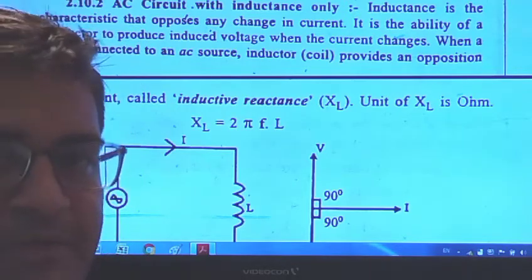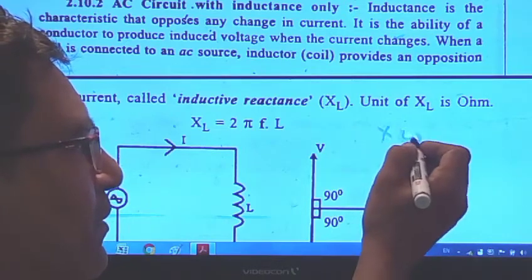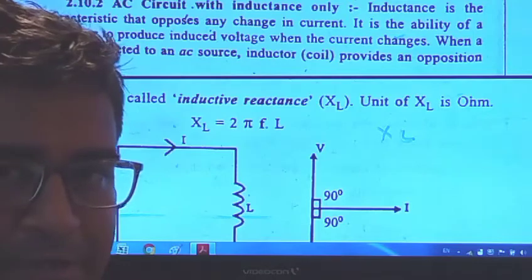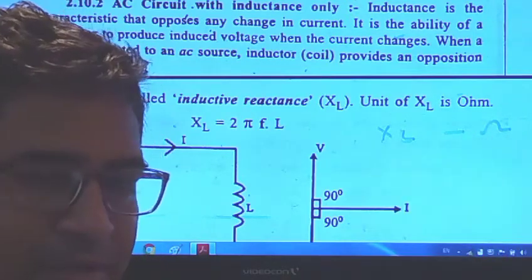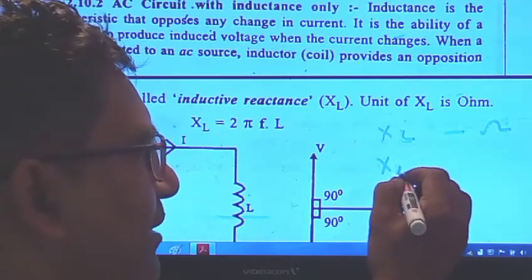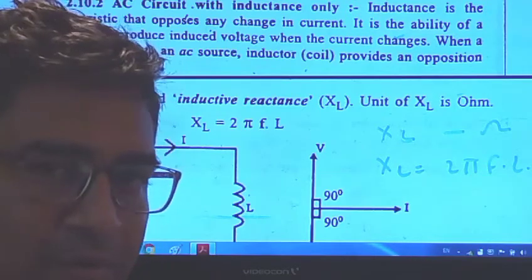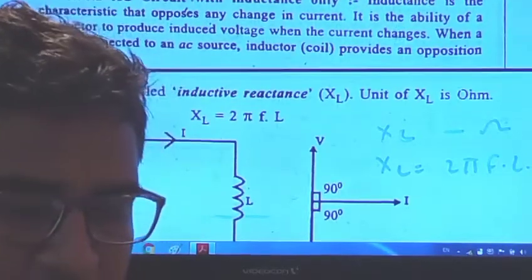That inductive reactance in this circuit is considered as XL. The unit of XL is ohms, and XL is equal to 2 pi f into L. Okay students, XL has the value 2 pi f into L.